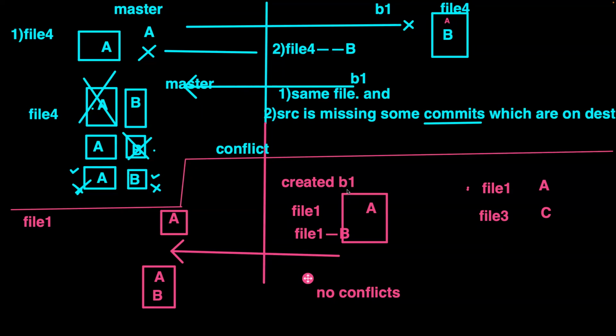Yeah, a different commit, because I've created file 1 in B1 with some commit. Let's begin from the start. So you have a file on B1, file 1, with some commit A. And now in master also I've created file 1 with commit B. Now in the B1 branch again, I'm committing to the same file.